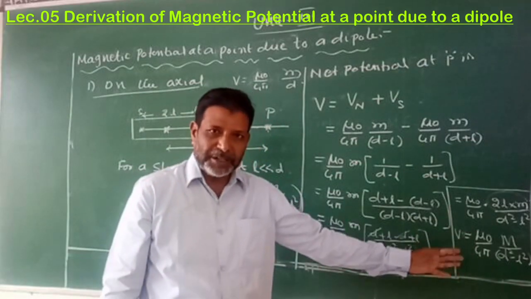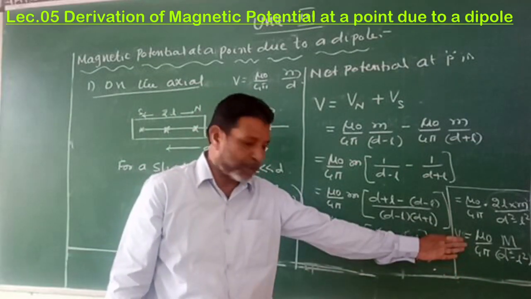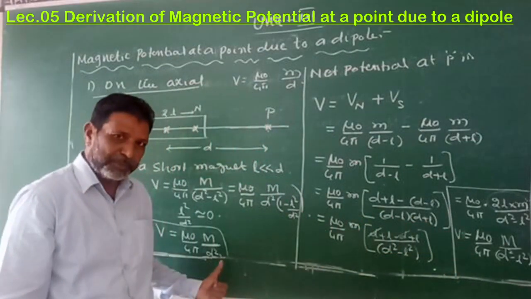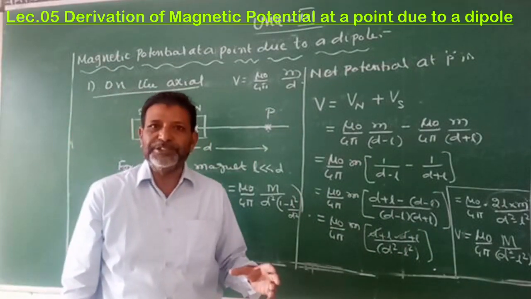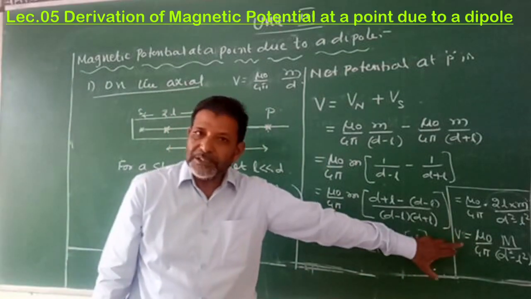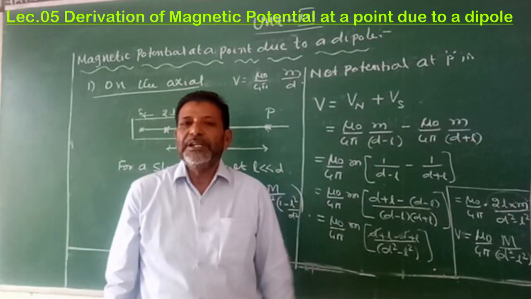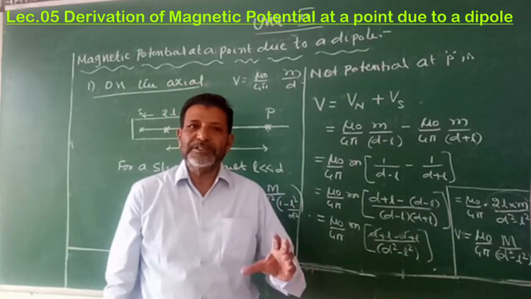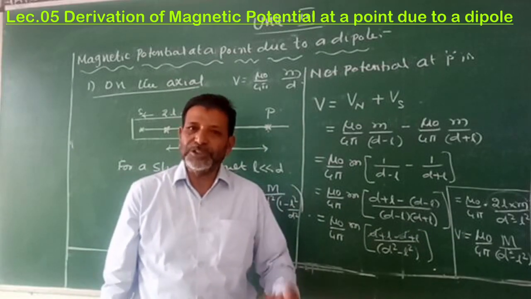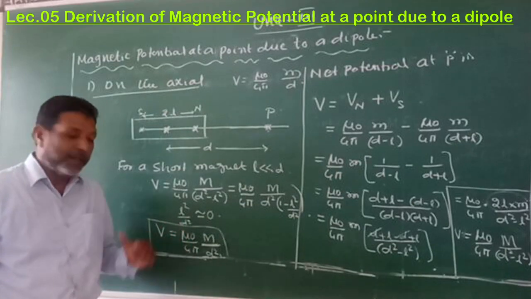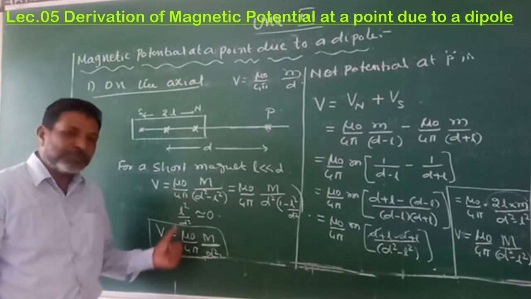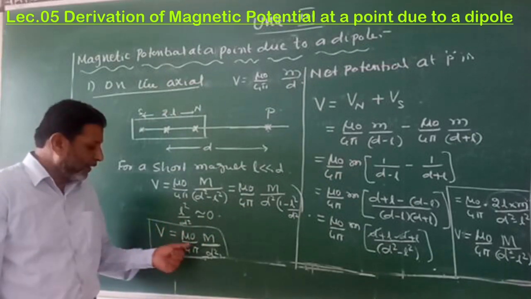I have already made it clear when you have to use which formula. If the magnetic length L is given to you, then you have to take the first one. Suppose the L value is not given, then it is understood that it is a short magnet. Then in such cases you have to use this formula, and by using it you can calculate very easily.